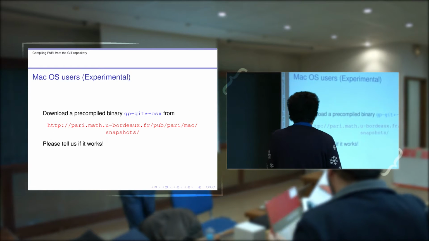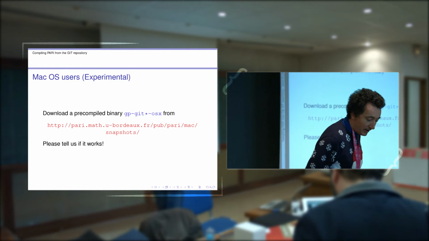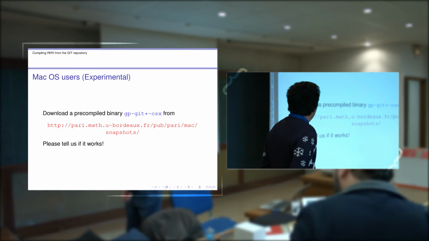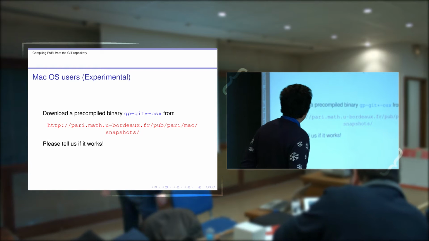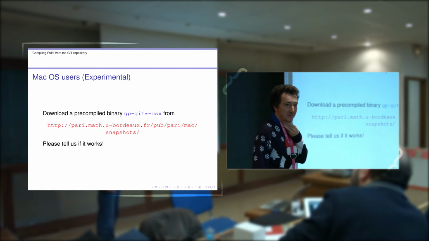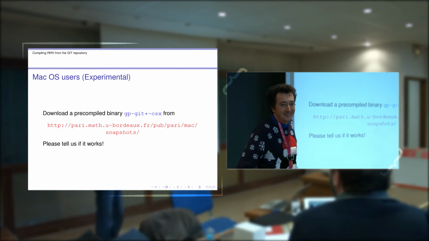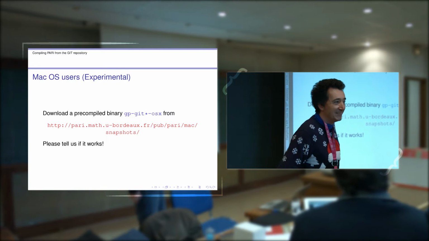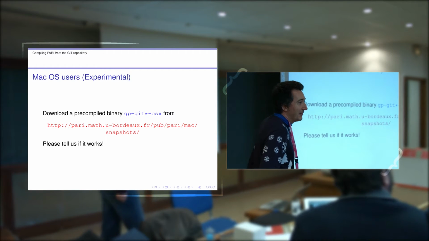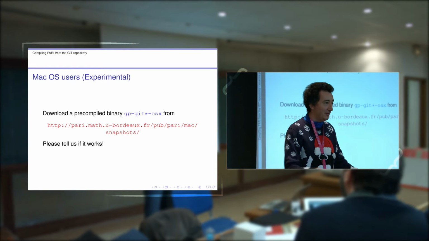For Mac OS users, well, it's easier to have a compiler, but maybe if you don't, you can try these binaries. They do work on some machines, and they crash immediately on others. Actually, it's very simple: if the machine is one of our test machines, they work perfectly.